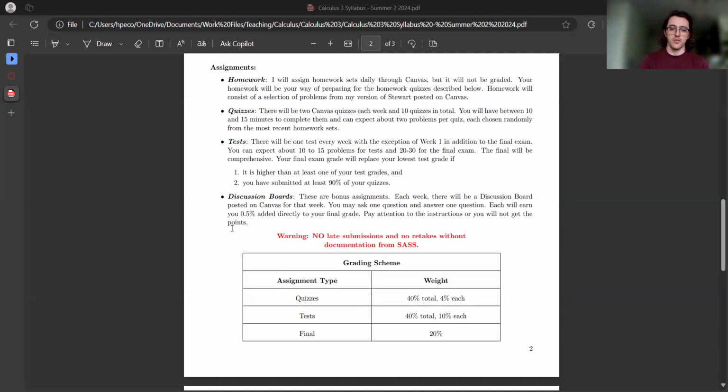So the way this will work is you go through the course at the end of the semester. If you have, say, 77%, and you just really need that B, then, well, lucky for you, you've been paying attention to the discussion boards. And for weeks 2 through 5, you asked 1 question and you answered a question.